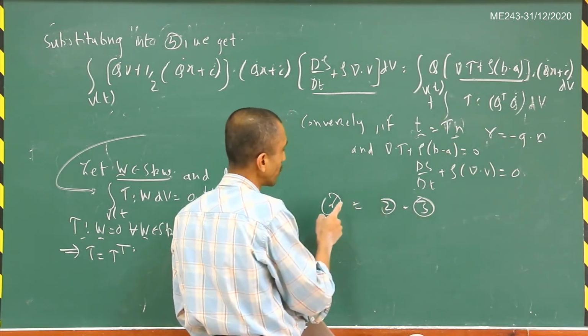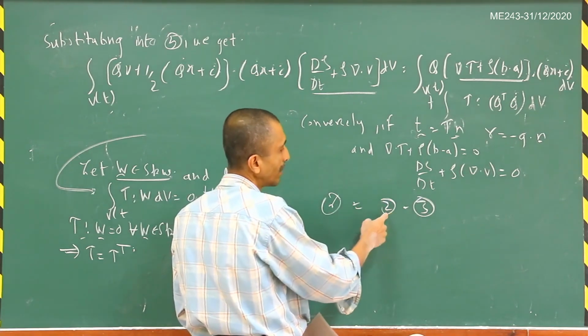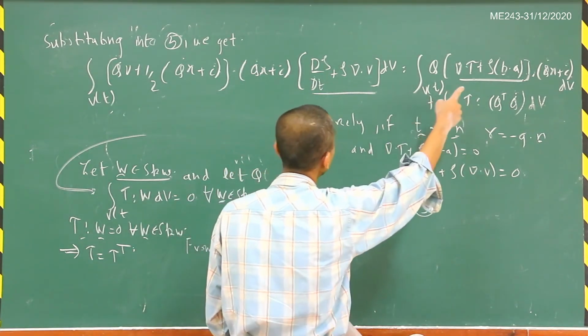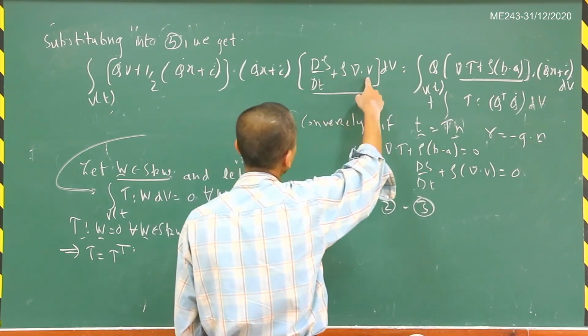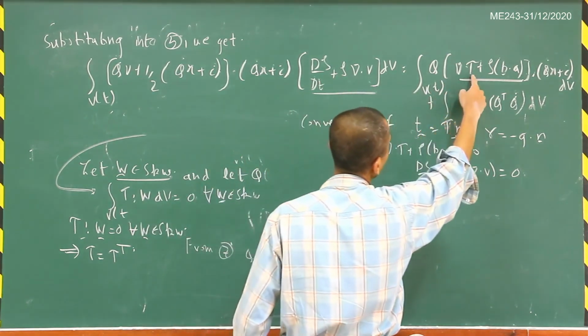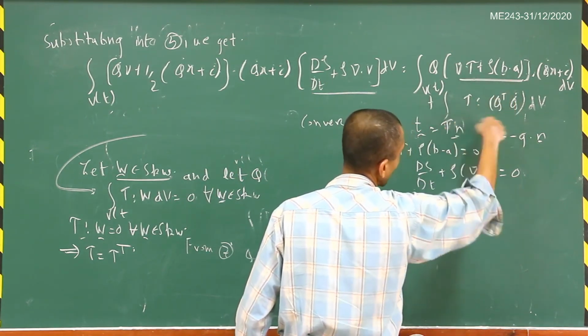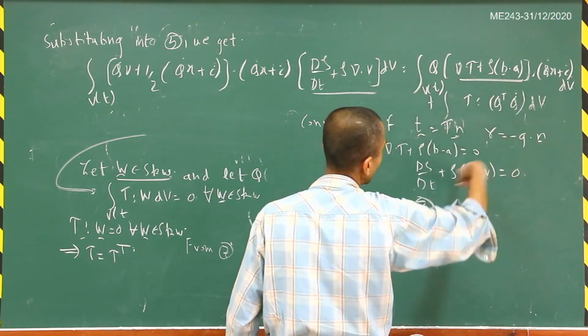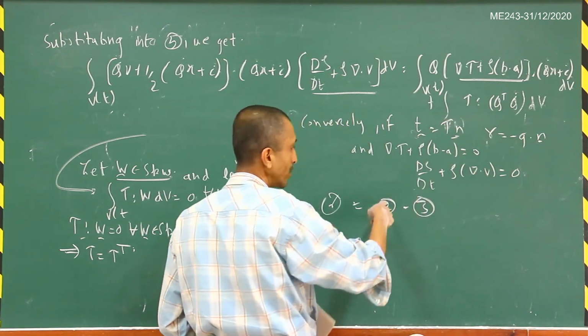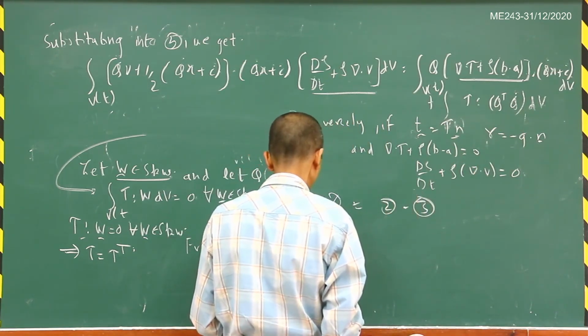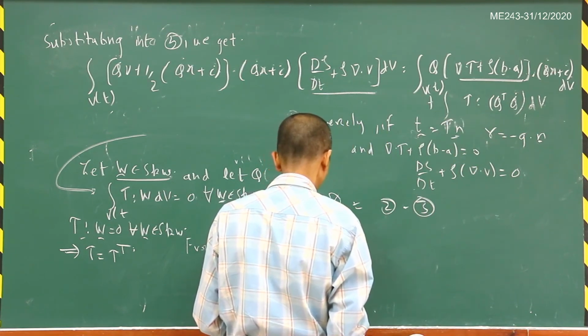So if we show that 6 is 0, then that means they are the same form in all frames of reference, right? So here you can see that if d rho by dt plus rho del dot v is 0, if del dot tau plus rho times b minus a is 0, and then tau is symmetric, so this term is 0. So basically 6 is trivially satisfied, and so we will get that 2 and 3 have the same form here, right?